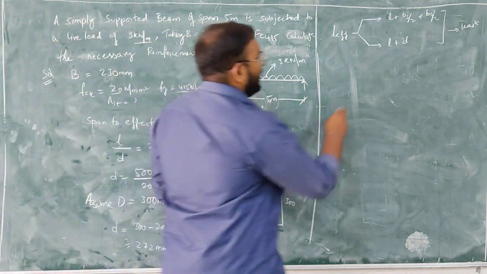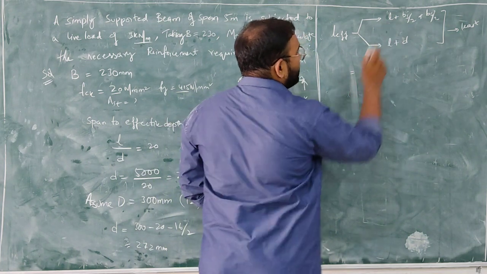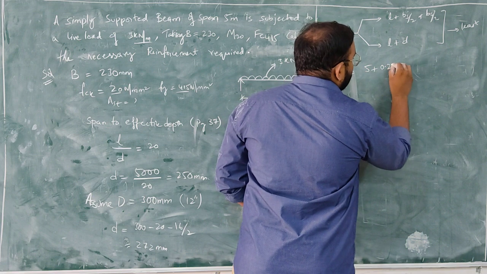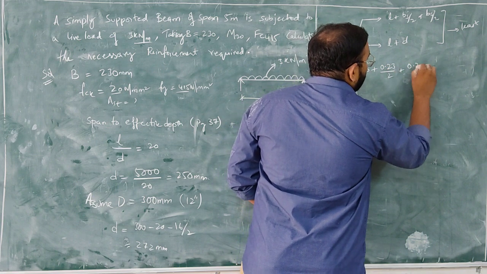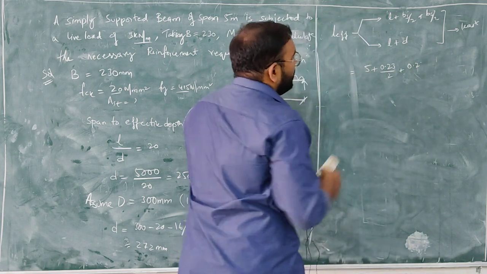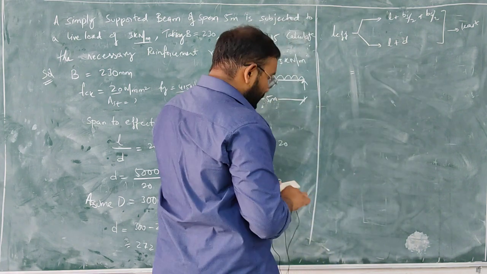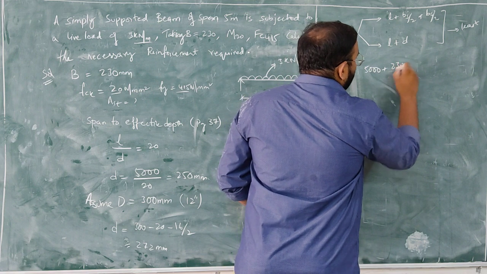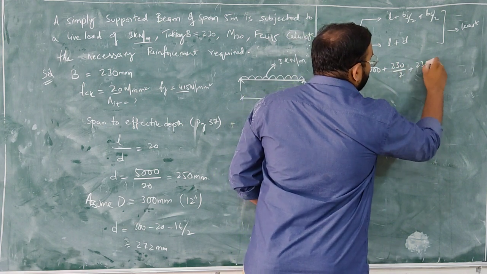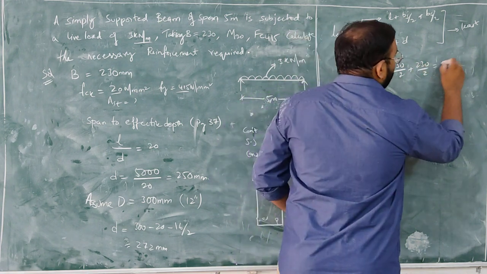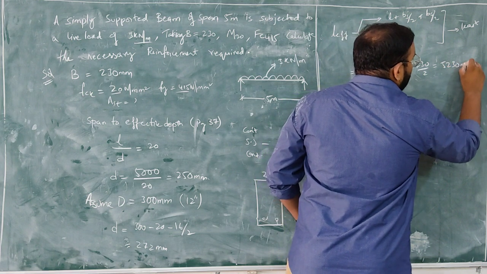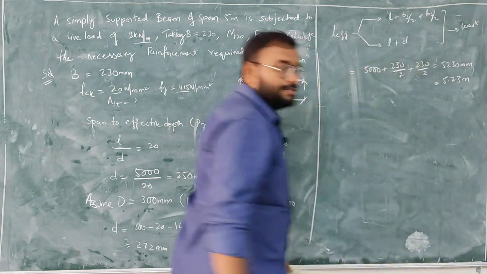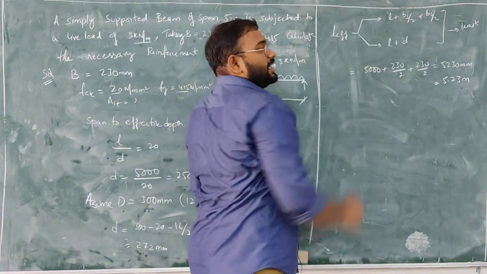We'll calculate L effective first using this formula. It will be 5 plus 0.23 by 2 plus 0.23 by 2, or we'll write in terms of millimeters so we will not get confused: 5000 plus 230 by 2 plus 230 by 2. This is equal to 5230 millimeters, which is equal to 5.23 meters. This is by using this condition.